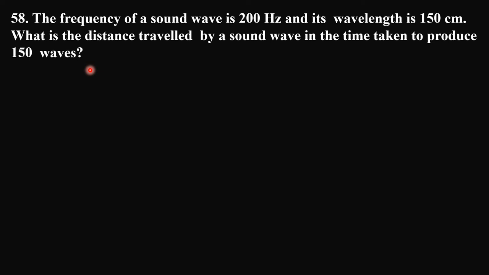तो सबसे पहली बात यह है कि एक वेव को जो टाइम लगता है, to complete one wave, the time taken to complete one wave is known as the time period. The time taken to complete 150 waves is 150 into time period. So you have to calculate the distance traveled by the wave in time 150 into time period.